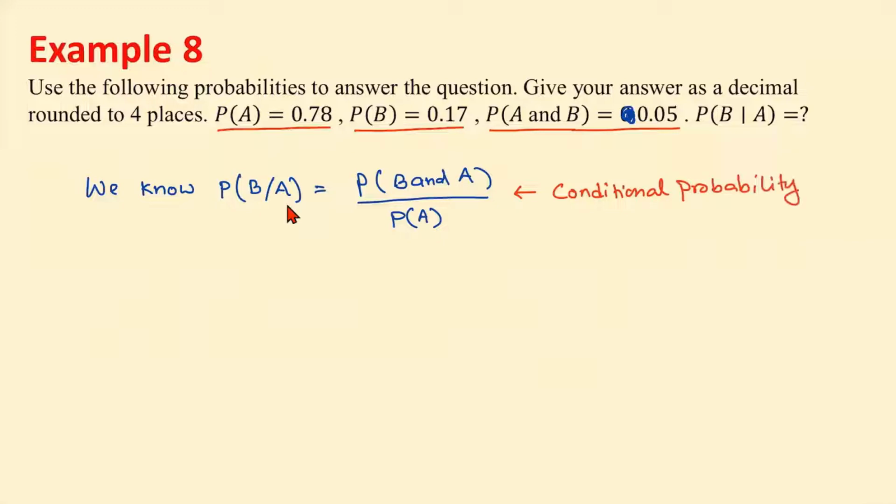The reason I use conditional probability is because I'm calculating the probability of B given A. Whenever we have a condition like that, we use the formula for conditional probability.